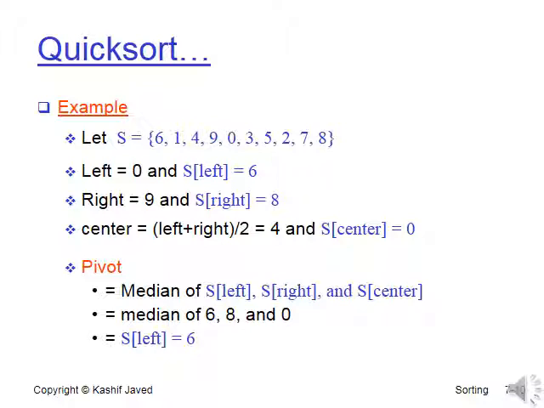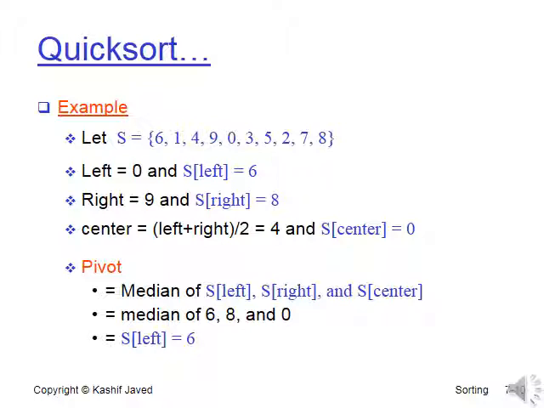Similarly, for sorted array, the rightmost value will be 9, and for unsorted array, the rightmost value will be 8. Center of sorted array equals 9 by 2, taking the floor value, which equals 4. Whereas for unsorted array S, the center value equals 0.